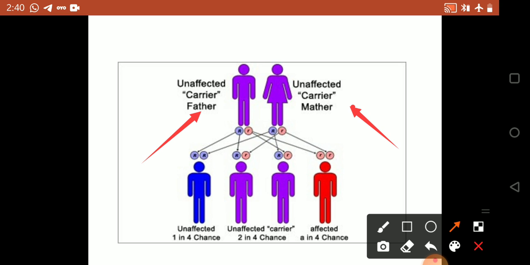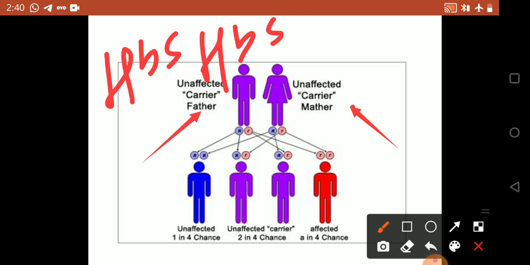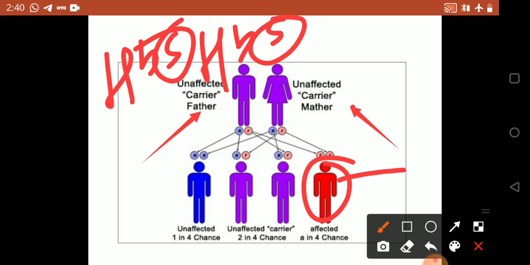Now when they combine, HbS crossed with HbS, both contain S now. Due to the presence of S, that person will be affected, and usually that person will die.